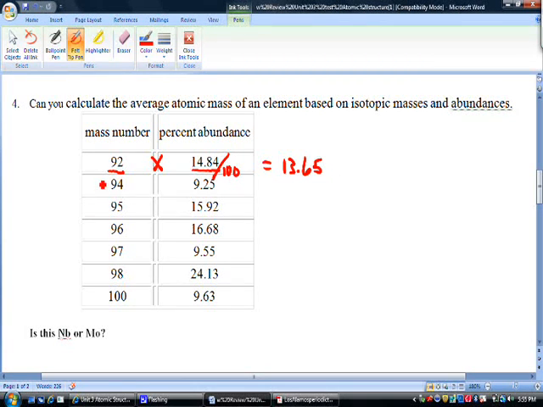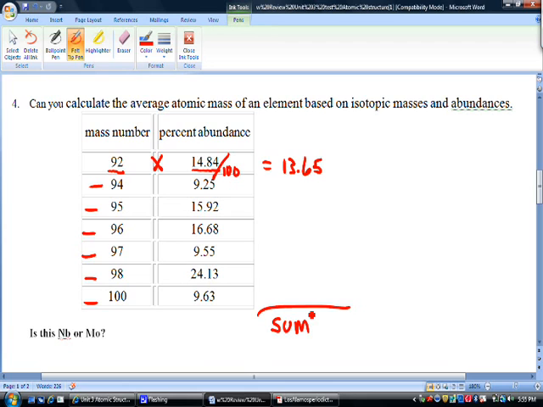And we do that for each species of this element, and we sum those together, and this total right here, this sum, is the average atomic mass.